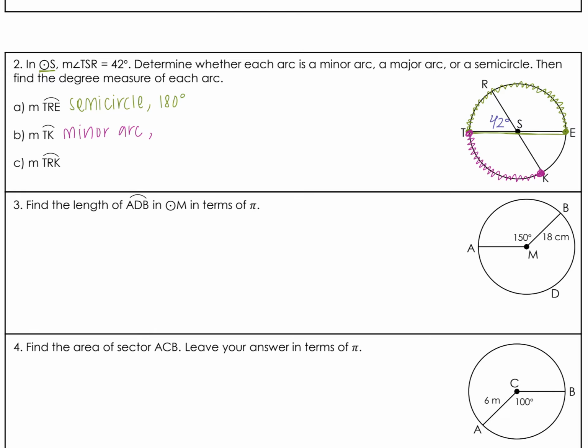Okay, as I mentioned earlier, TE was a diameter because it went through the center S. RK is also going to be a diameter. And so since we know part of it is going to be 42, I can subtract that 42 from my 180. And I'll be left with 138 degrees.